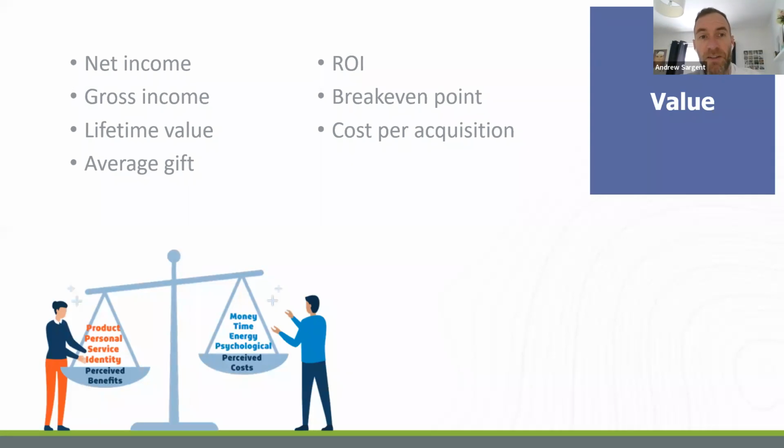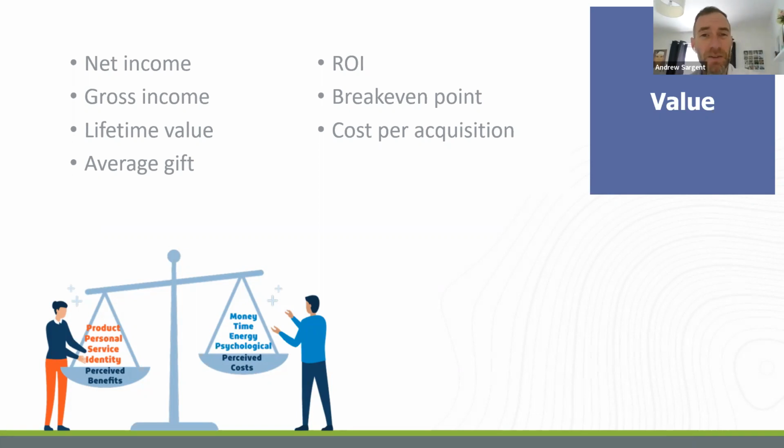Other value measures like lifetime value are really great, but as a monthly or quarterly KPI, again, can have their drawbacks. Obviously, it's hugely important to know how much a supporter has given you over their lifetime, but should that be used more as an insight measure rather than knowing the lifetime value of our file at this point in time is X or Y?